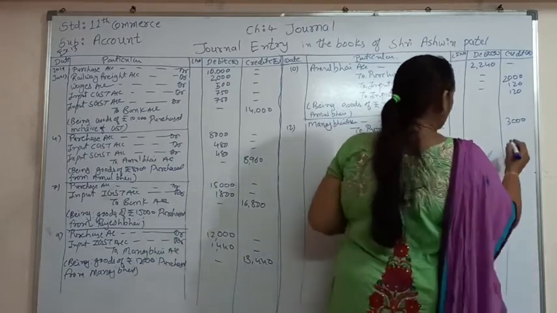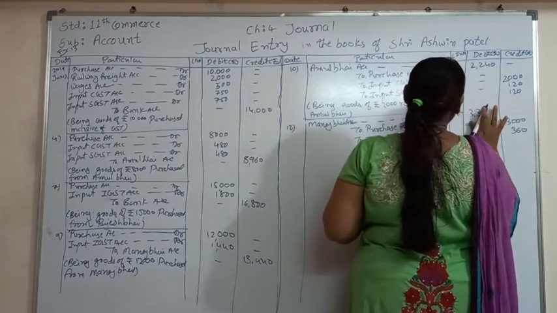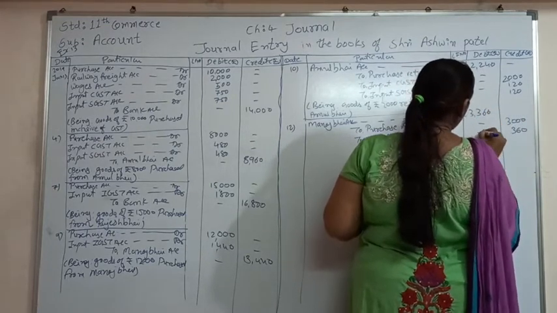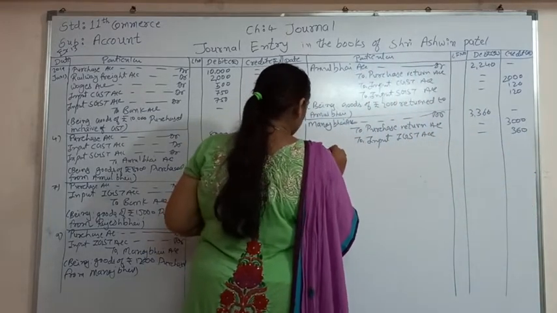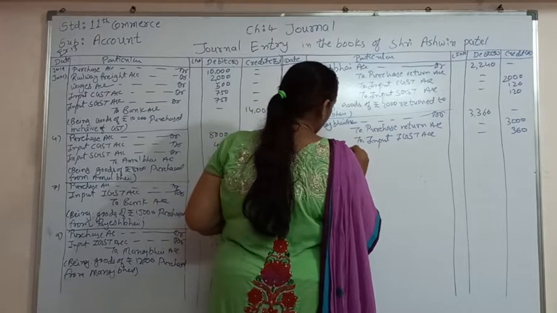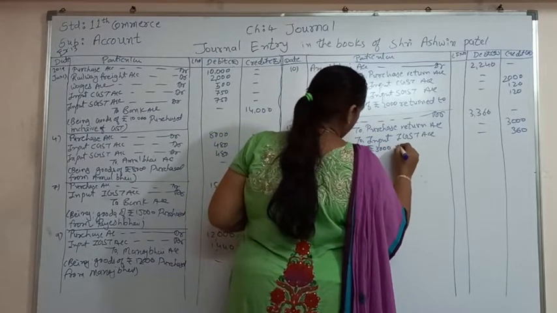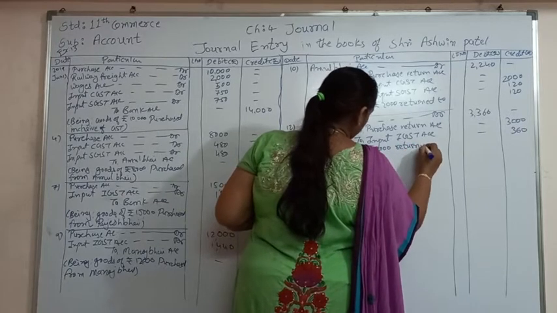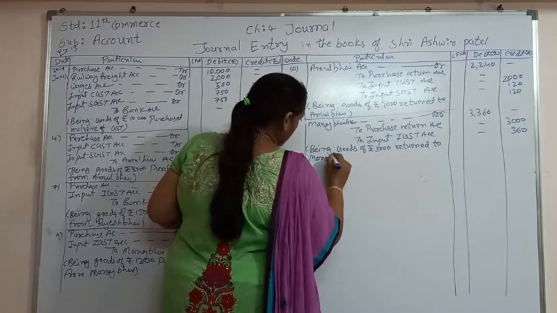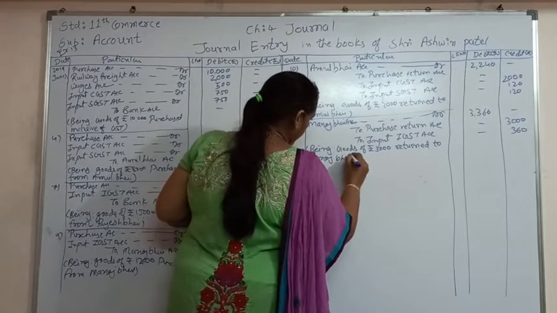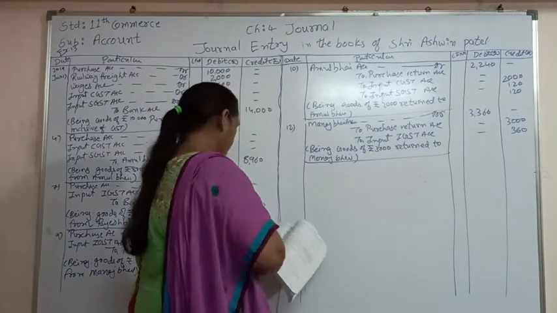So that is going to be debited to Manoj Bhai account, 3,360 that we are going to debit, being goods of rupees 3,000 returned to Manoj Bhai. That's it. Now let's see the next transaction.